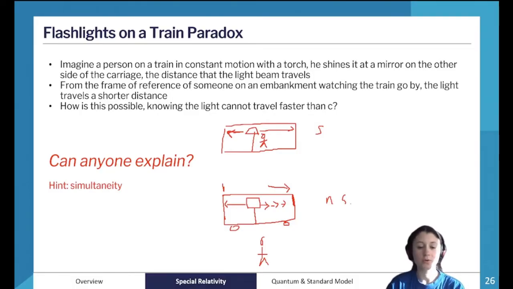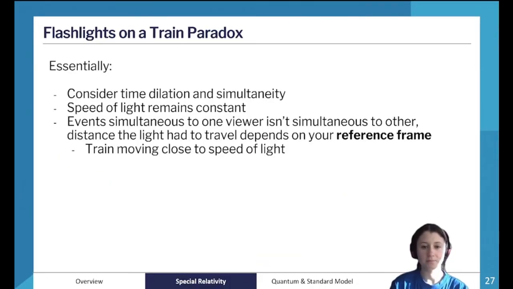So, the real question is, how can something be simultaneous here and not simultaneous here? The key is that events simultaneous to one viewer are not simultaneous to another.